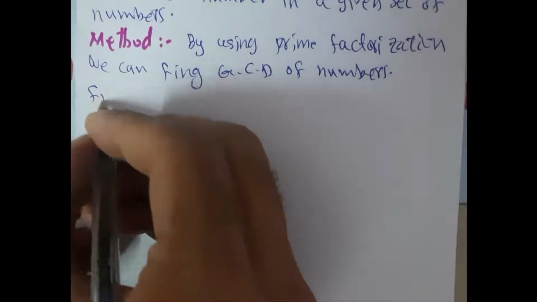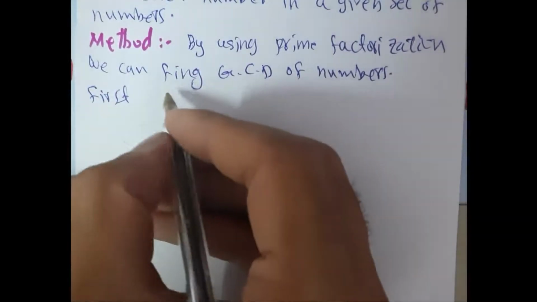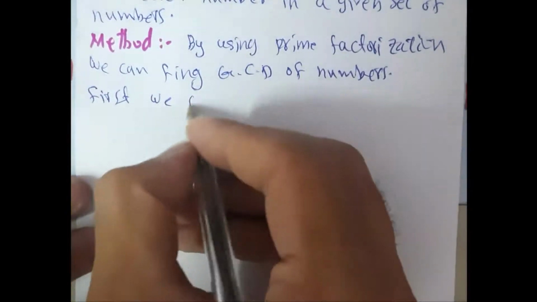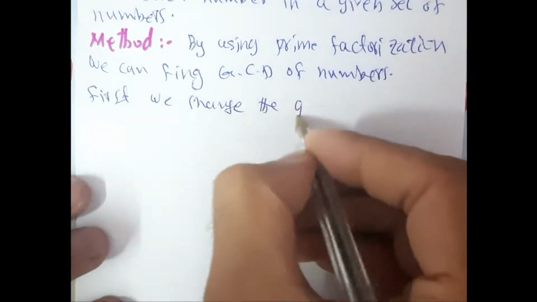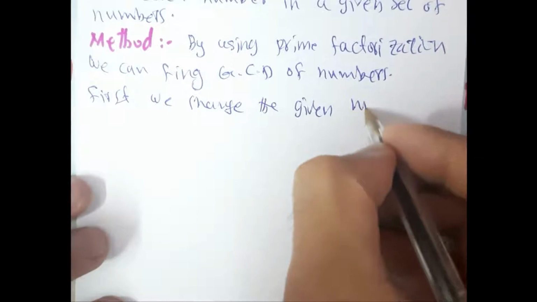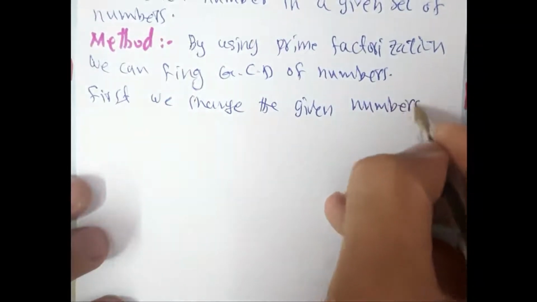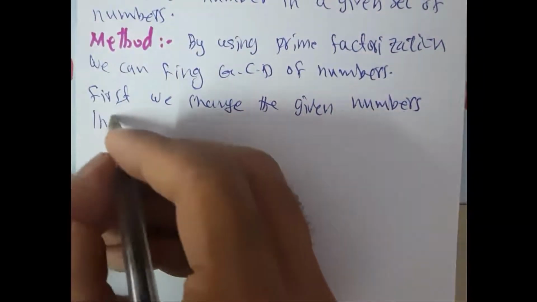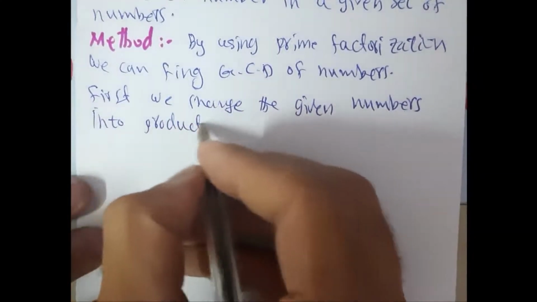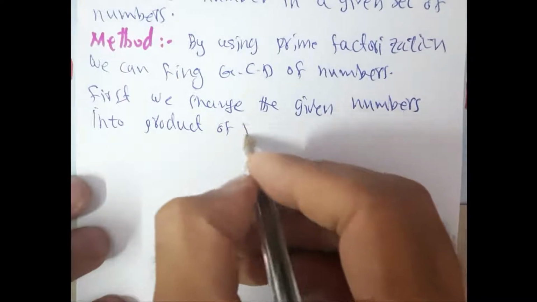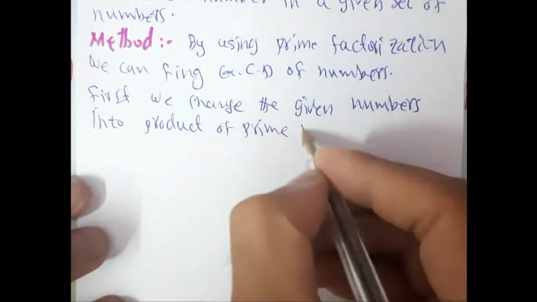First, we change the given numbers into a product of prime numbers.